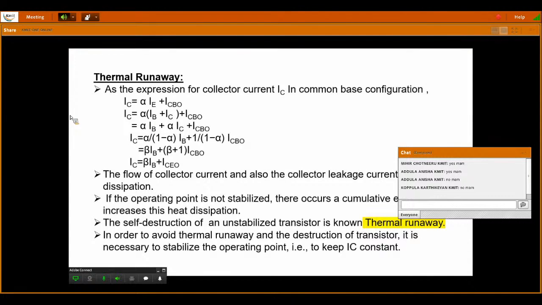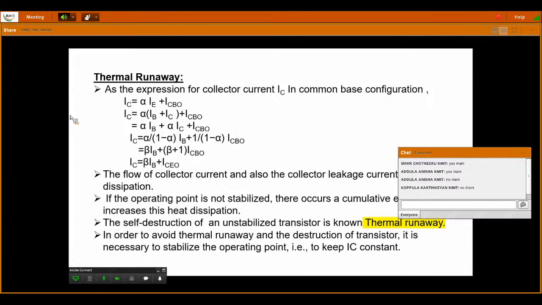Next, thermal runaway. As already mentioned, IC is equal to alpha IE plus ICBO. So in a common base configuration, the amount of collector current is equal to alpha IE plus ICBO, because here the emitter terminal is open circuited, hence the leakage current.